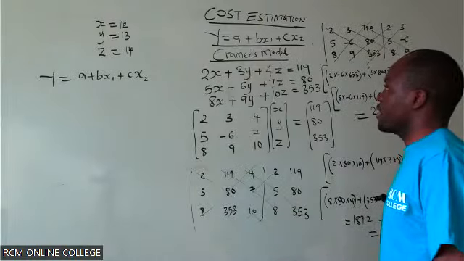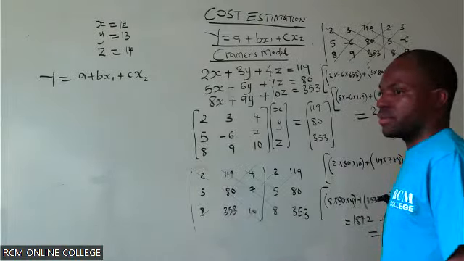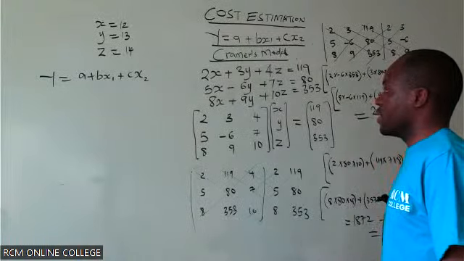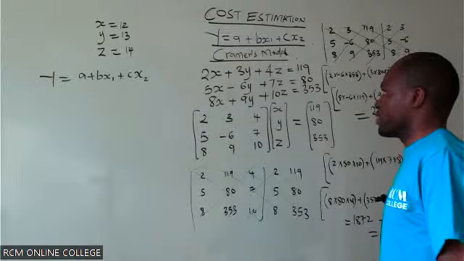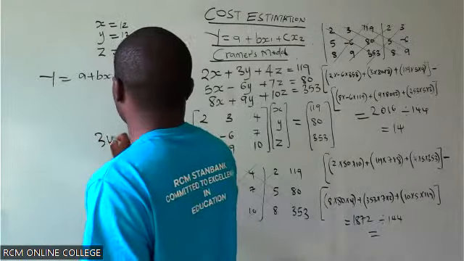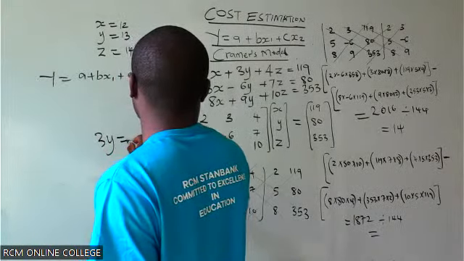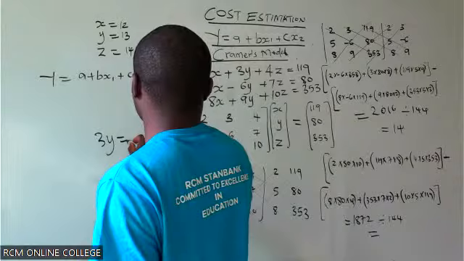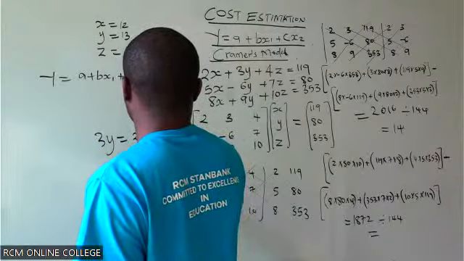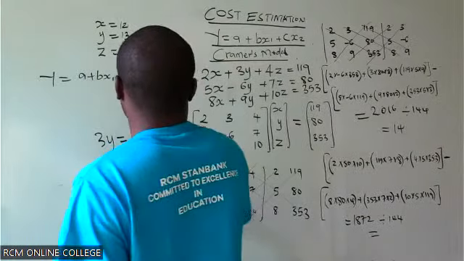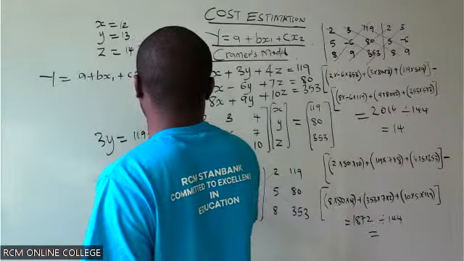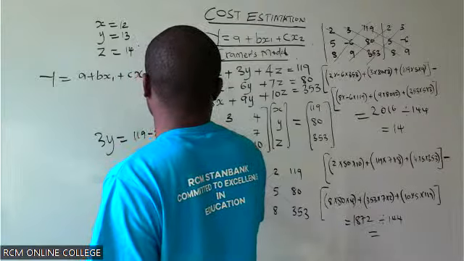So are we able to make Y the subject of the formula? Of course, we just come and say 3y is equal to, sorry, it will be 119 minus 3x minus 4z.